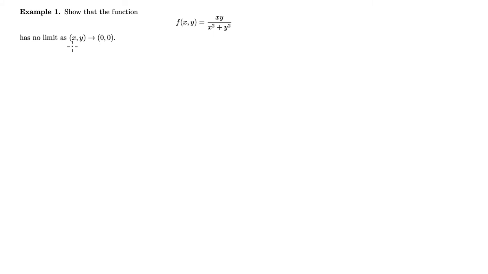But here we have to think about the points (x, y) approaching the origin (0, 0) from infinitely many ways. All we need to do is find two of those directions where the limit has different values. So let's sketch out our domain, which is the xy plane in this case.